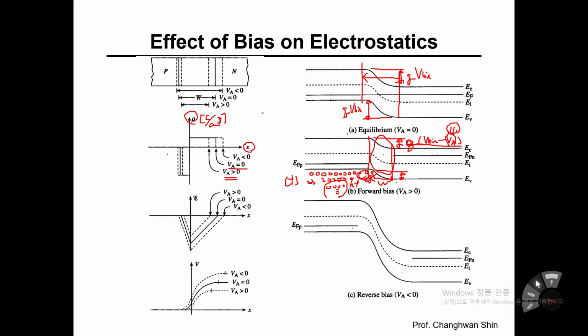Okay, what about the electrons on the N side? As the potential barrier height has been lowered by VA, the electrons in the conduction band on the N side would like to push toward the depletion region.